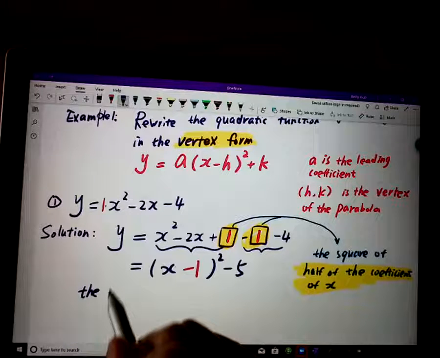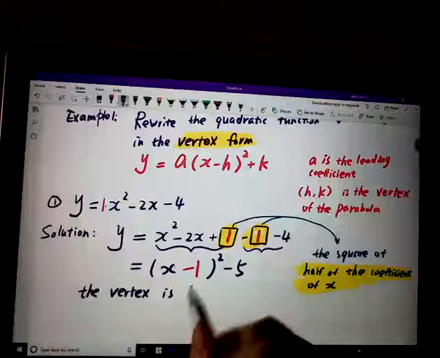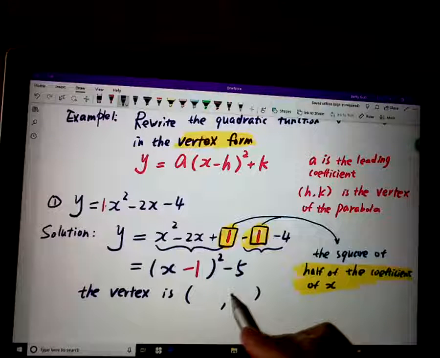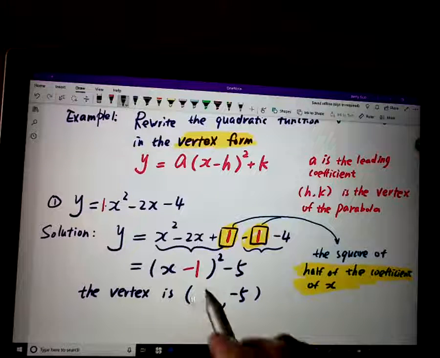The vertex is h comma k. What is h? What is k? k is easy, -5. And what is h? It is very easy to make a mistake here.